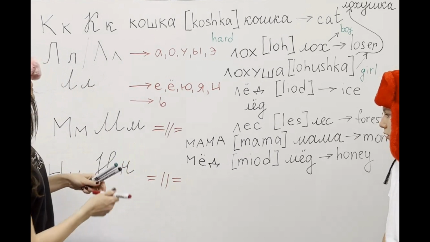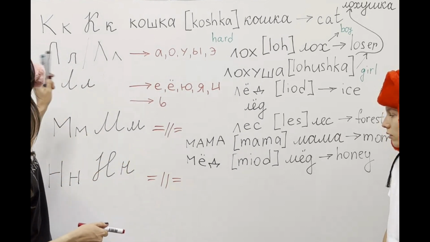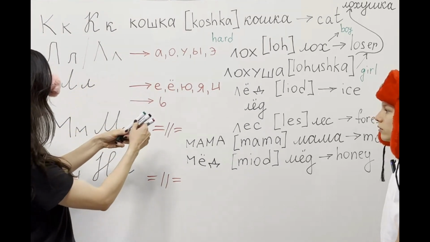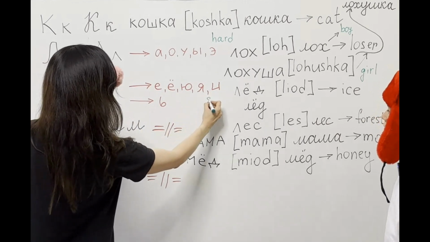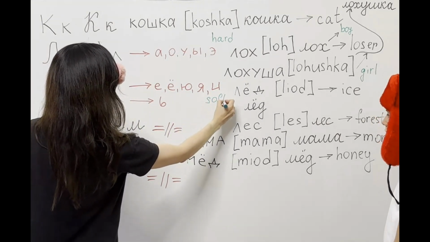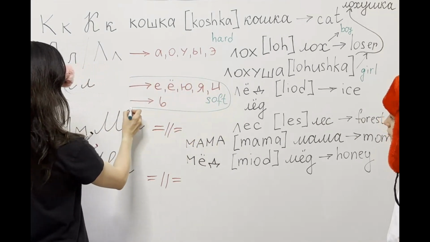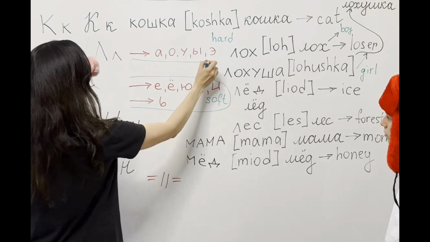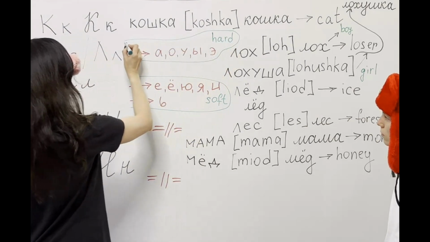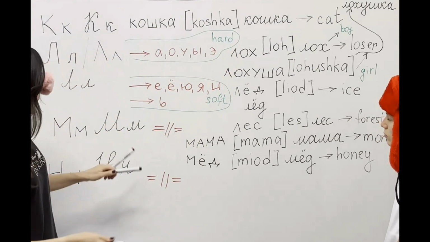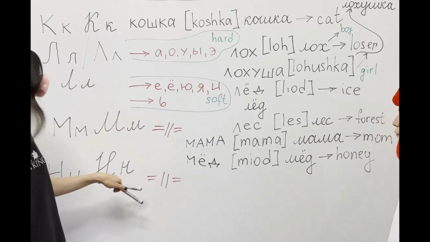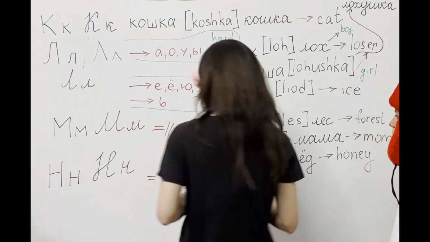It is hard. Oh, okay. Maybe we need to write soft here. Soft. And this is hard. Okay. The rule is the same for N.